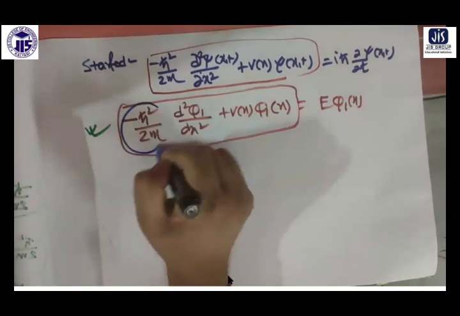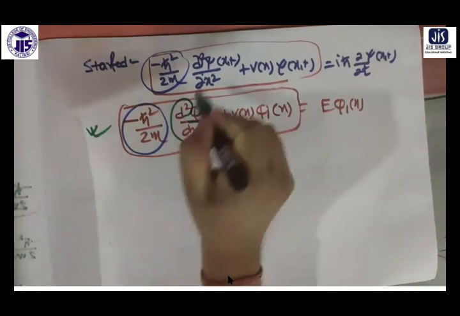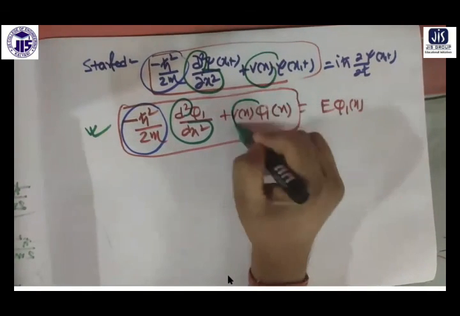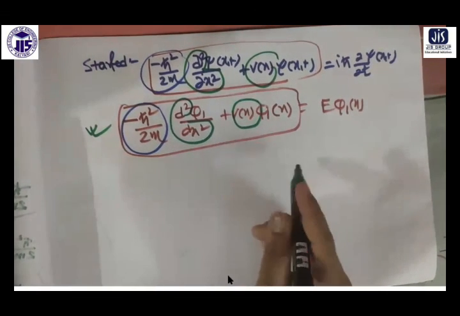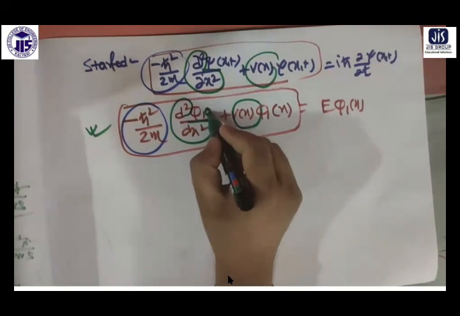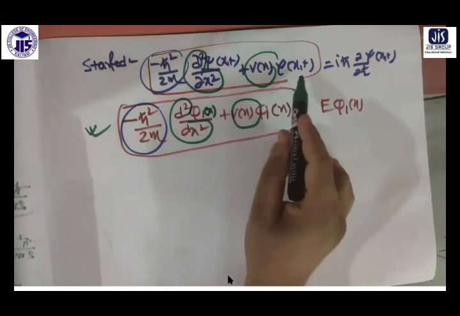Minus ℏ square by 2m, double derivative with respect to space, potential energy. So very similar on the left side. Only dissimilarity is that this φ1 is just a function of x, but here psi depends on both space and time.